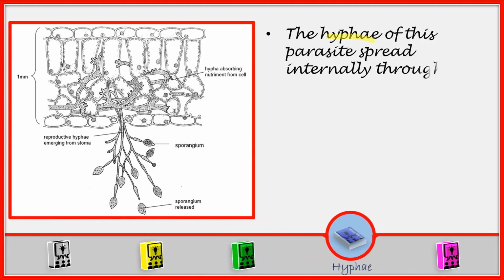The hyphae of this parasite spread internally through the leaves. Like the way we are seeing here, you can see the parasite hyphae spreading through the internal structure or cells of the leaf.